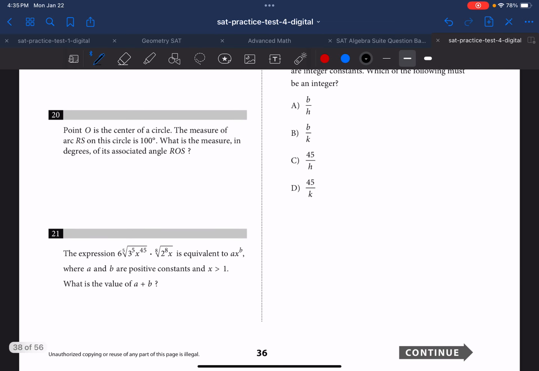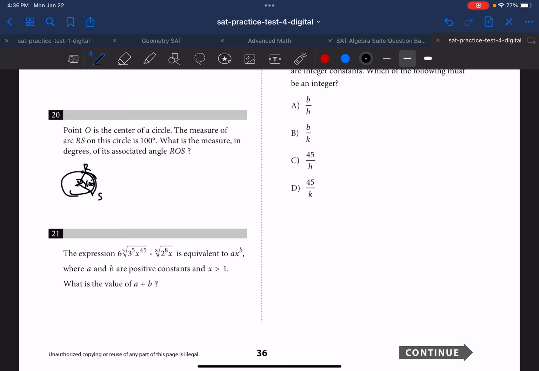Point O is the center of a circle. The measure of the arc RS on this circle is 100 degrees. So there's O here, and the arc RS, let's just say that this is R, here is S. The measure of this is 100 degrees. What is the measure in degrees associated with angle ROS?